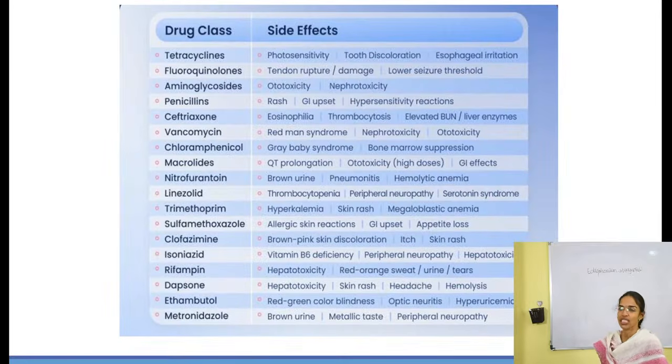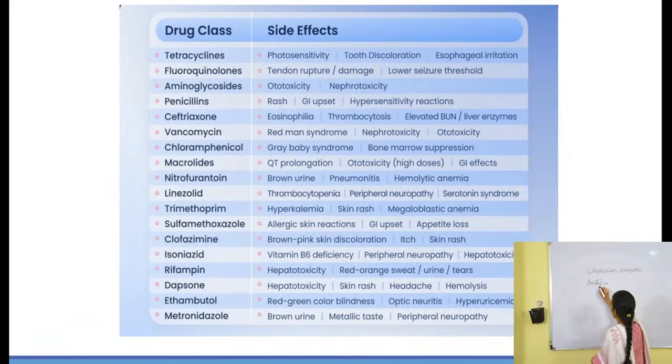Here the question is about the adverse effects of antibiotics. Adverse effects of various antibiotics. So all these we have here: ciprofloxacin, vancomycin, gentamicin, clindamycin. All of these belong to the classes of antibiotics. Gentamicin is an aminoglycoside and there's a thumb rule: aminoglycosides.